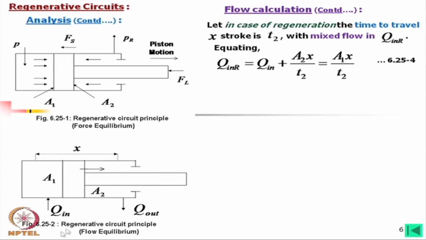The new flow, when this Q out is mixed with this: the Q in, whatever it was, is there, plus A2x is the flow out from this side, the annulus side. Time taken is T2. So this must be the flow out, and that is mixing with Q in, and that must be equal to A1x by T2. So in the earlier equation, I had written it wrong; that will be Q in.